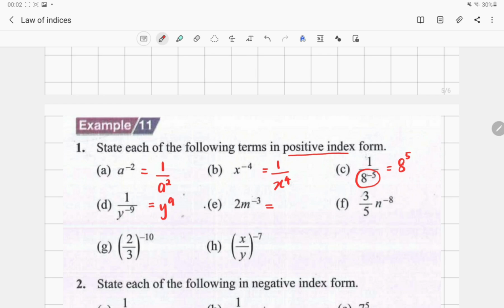So we only bring the negative index down to make sure we get positive index. 2 remains at the top as the numerator, and then m is to the power of 3. What about this one? This one is 3 over 5 n power of 8.